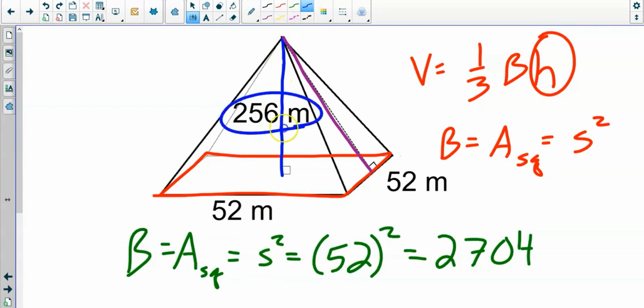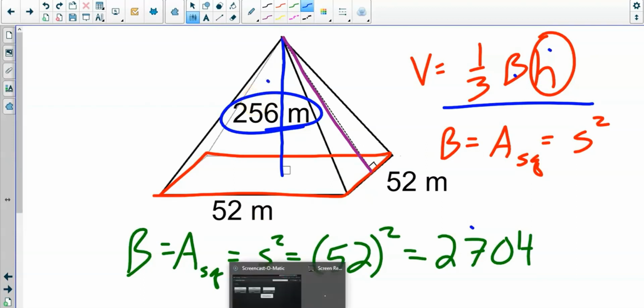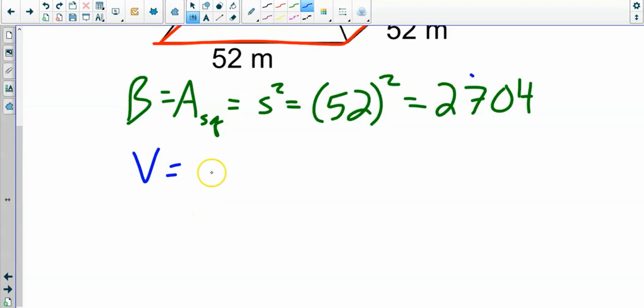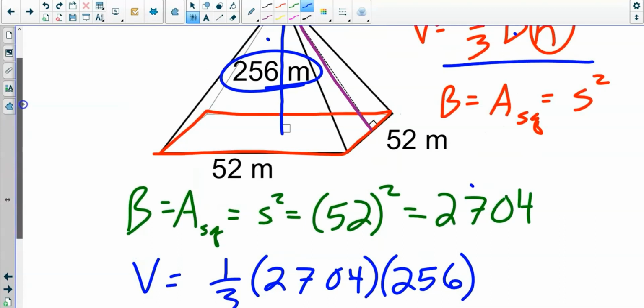So all we got to do now is plug into our formula that's up here, and we'll take 1/3 times our B, which is 2,704, times our H, which is the 256. So our volume is equal to 1/3 times 2,704 times, I believe it was 256. Let me scroll up and make sure on that. Yep. So go to your calculator, let it do its work, and don't forget the label in the end.